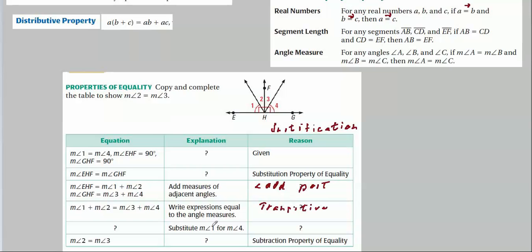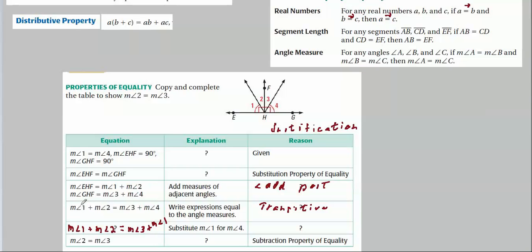And now we have to figure out what is the next line. Well, what's our goal here? We want to show that this angle equals this angle. I can't write as small as these guys type.